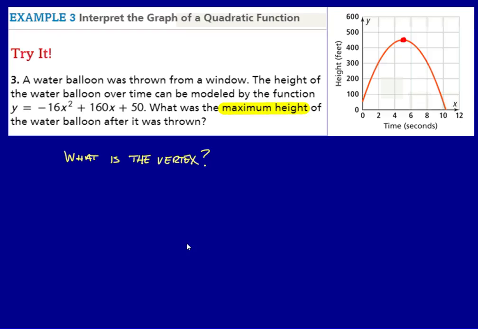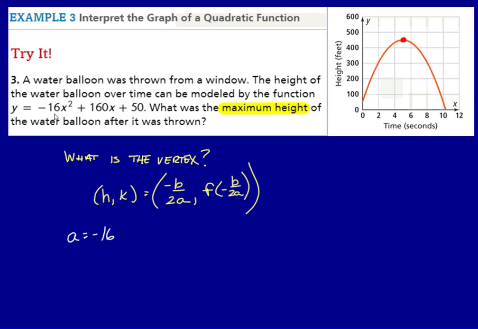So we know how to find the vertex. Remember, h comma k is equal to negative b over 2a, comma f of negative b over 2a. So we just plug that in. Here's our equation. Let's write down what a, b, and c are. A is negative 16. B is 160. And C is 50. Sorry, I don't know why I just put k.